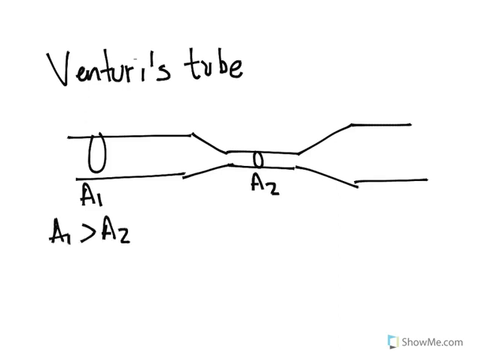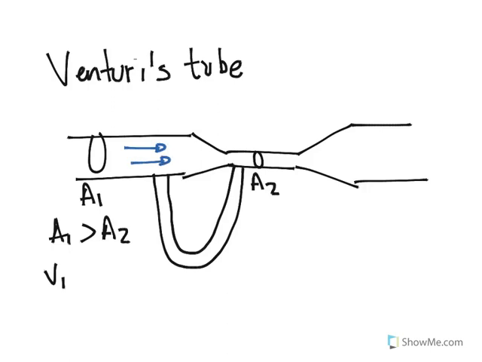And if you connect a U-tube manometer in each place, then since area 1 is larger than area 2, the velocity of the fluid flowing at point 1 is going to be smaller than the velocity at 2.